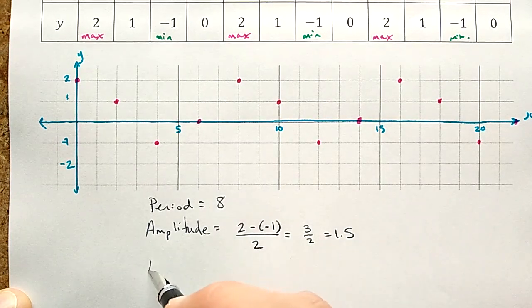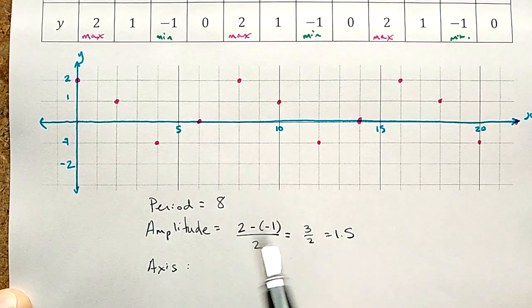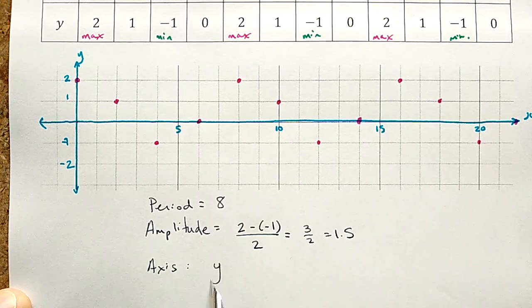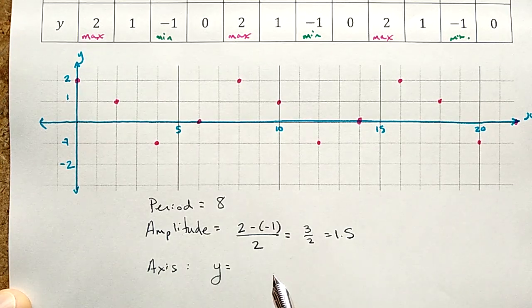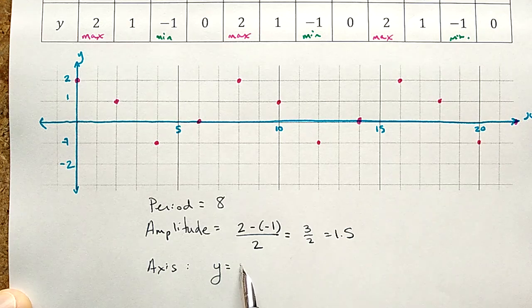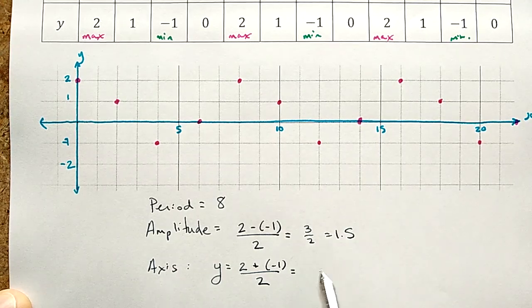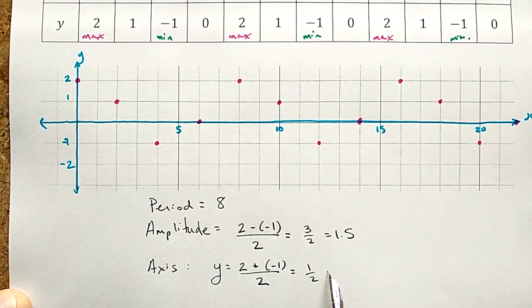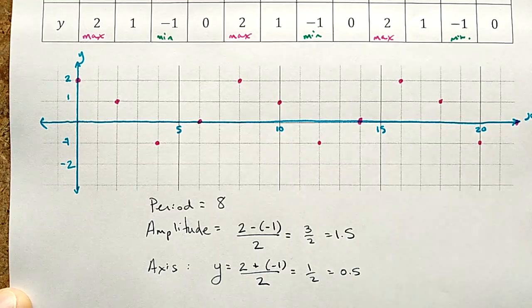Let's find the axis. The axis is y equals the maximum plus the minimum divided by 2. Maximum plus the minimum divided by 2. That will be 1/2 or 0.5. That's the axis.